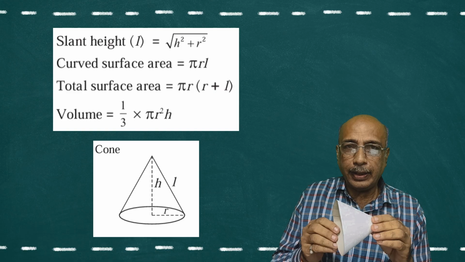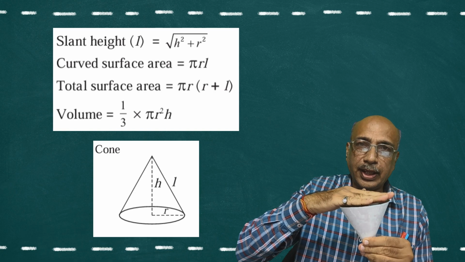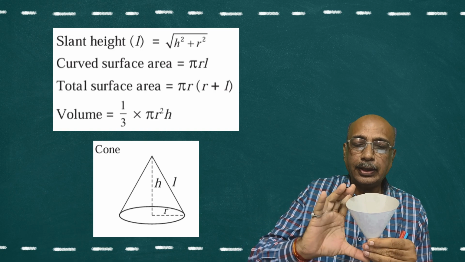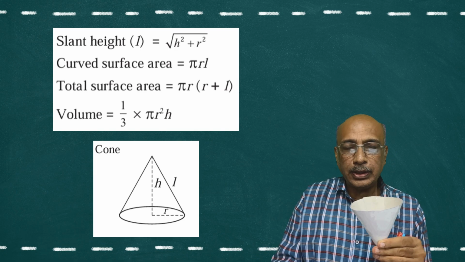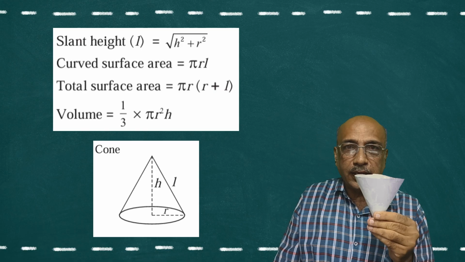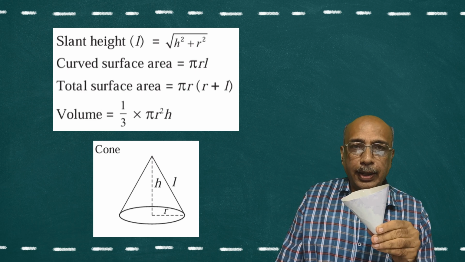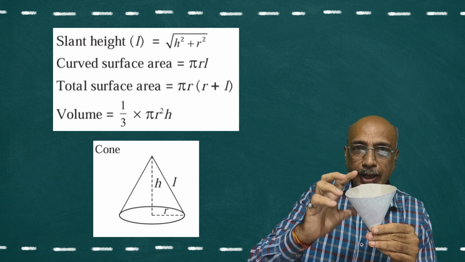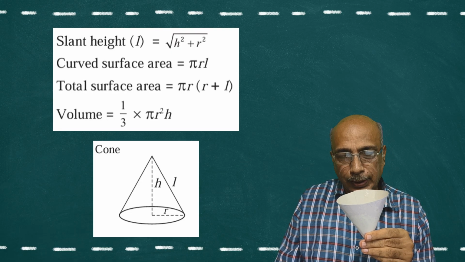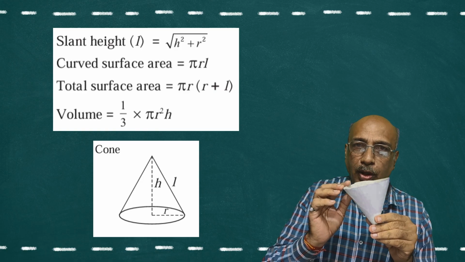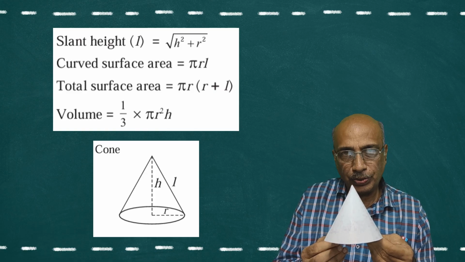So if I take this cone, fill it with sand, and take a cylinder of the same height and same radius and pour the sand from this into that cylinder, the sand of three such cones will fill the cylinder of the same height and same radius completely. You can do it practically if you want to try it. So the volume of this cone will be 1/3 of pi r square h.